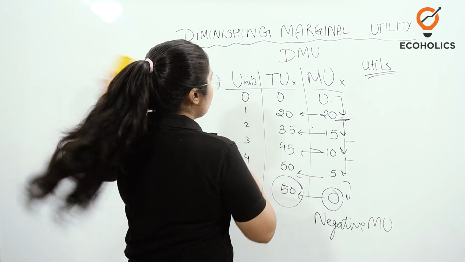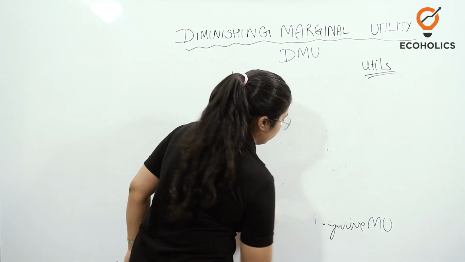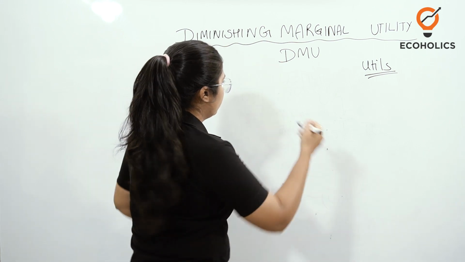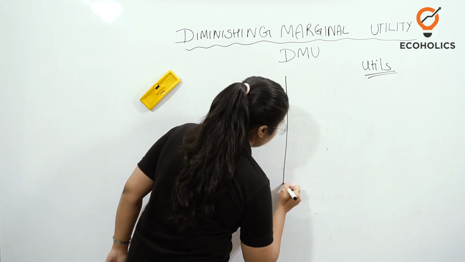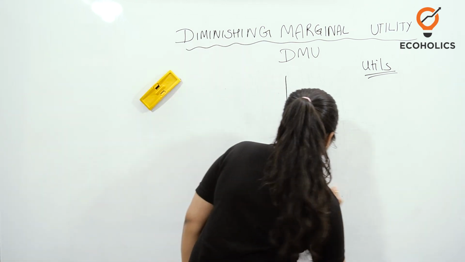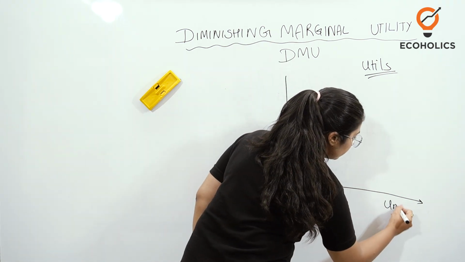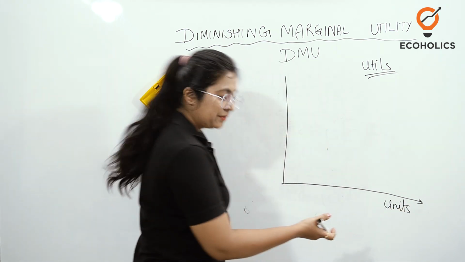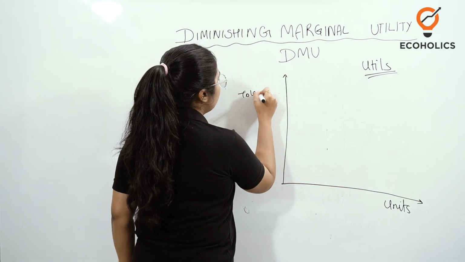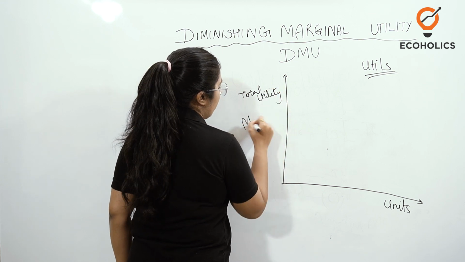Okay, so just to make a diagram out of it, over here, let's say on the x-axis we have the number of units, quantity, and on the y-axis we have total utility as well as marginal utility.